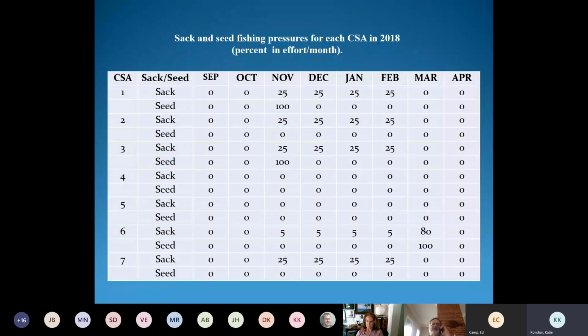So this first case is saying that there's sack fishing from November to February, and the expected effort is about the same over that time. The seed fishing for CSA1 occurs only in November. And likewise, this is set up for all of the coastal study areas. Next slide.